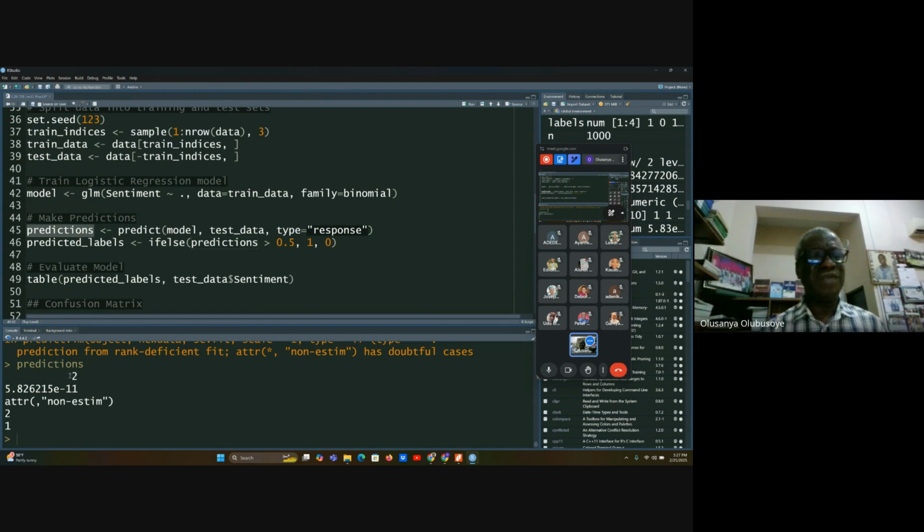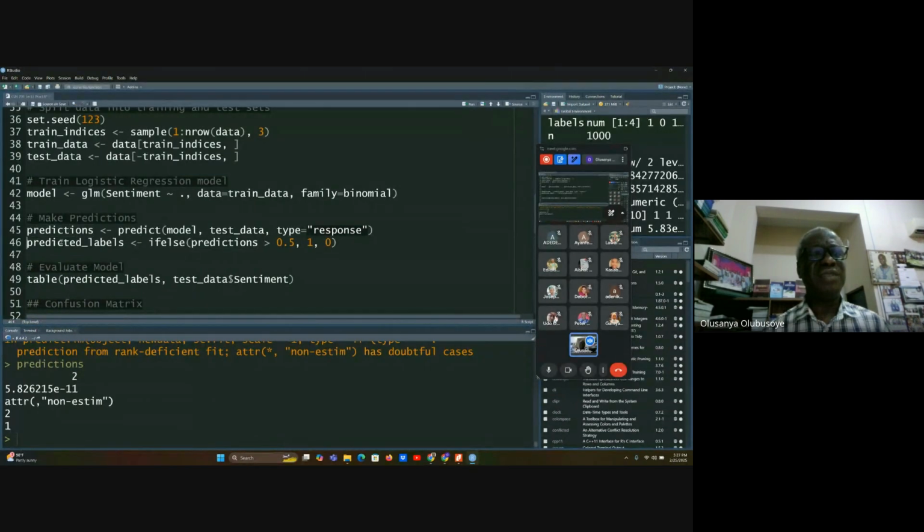If you convert it to a standard number, that gives you 0.000000, about 10 zeros before the 5, which is essentially 0. So we could also say that the prediction is 0.